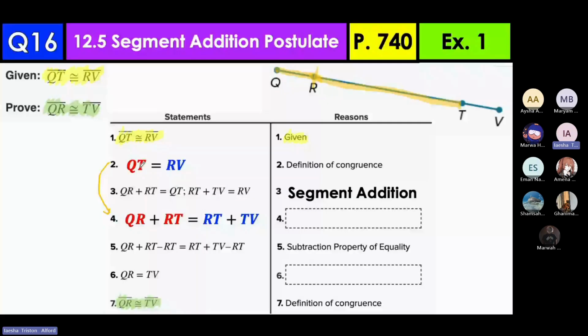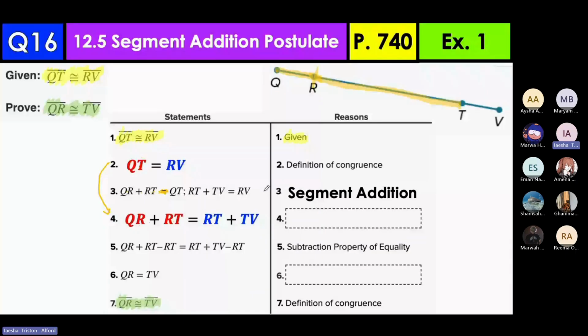In line number 3, they tell us QT is equal to QR plus RT. Since I know that these things are equal here, I can replace them. I can delete QT and I can write QR plus RT in the place because I know here they are equal.